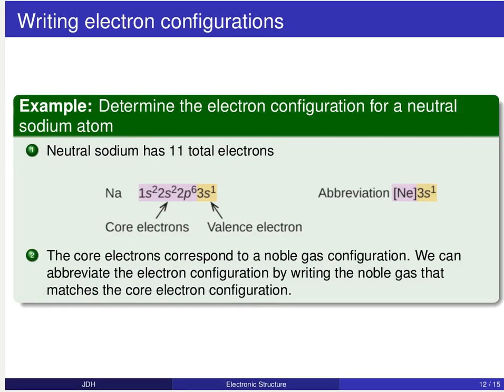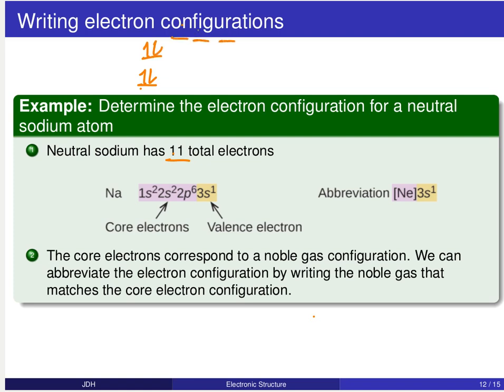Okay, so if we play this game for sodium, we can go back to the periodic table, and I encourage you to follow along with that list and populate that energy diagram. We're first going to fill up that 1s orbital, putting 2 electrons in there. We have to come up with a total of 11 electrons, so we then put 2 in the 2s orbital.